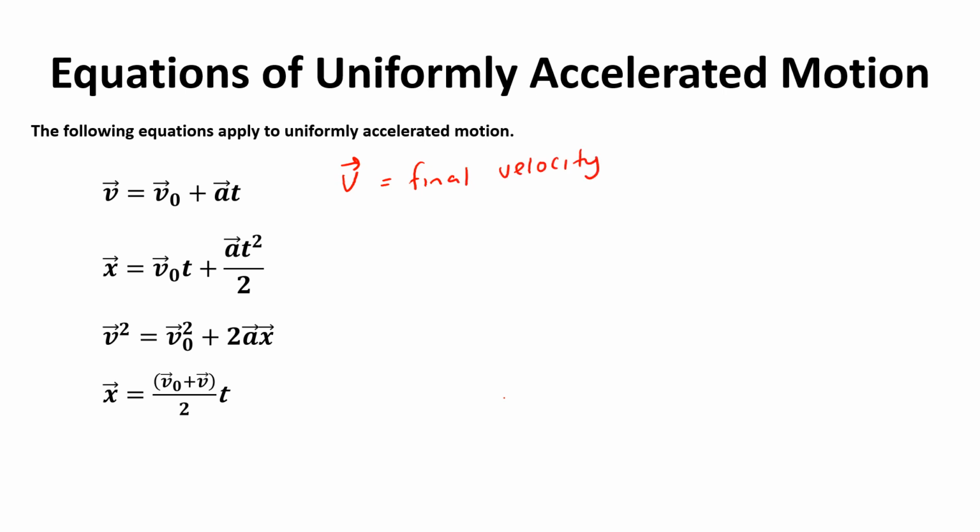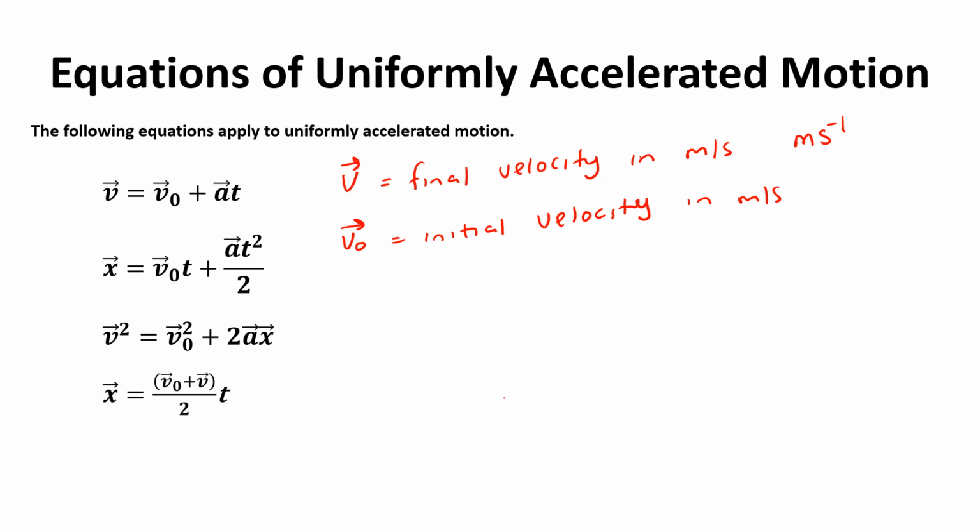In meters per second. And we can also write meters per second as m s to the power of -1. V naught is the initial velocity in meters per second.